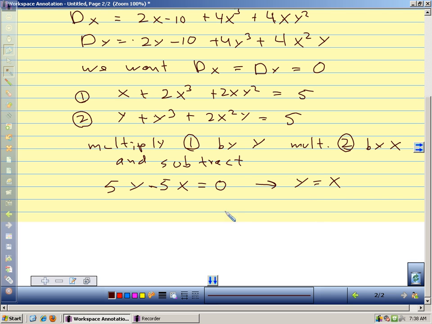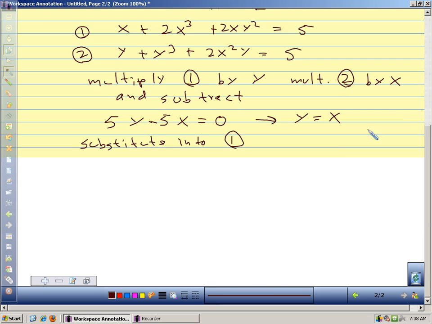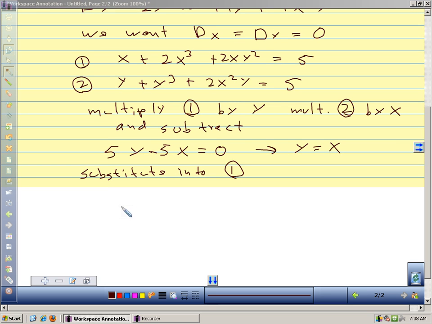Now I'm going to substitute into equation 1. I'm going to substitute x for y in 1. So in equation 1, when I make that substitution, I get x plus 2x to the third plus 2x to the third equals 5, or x plus 4x to the third equals 5.